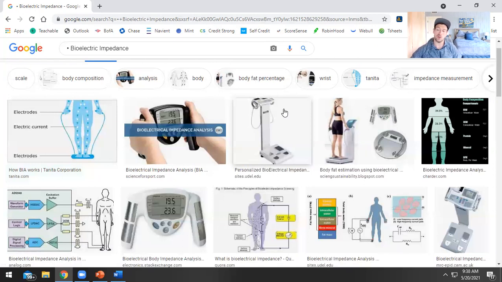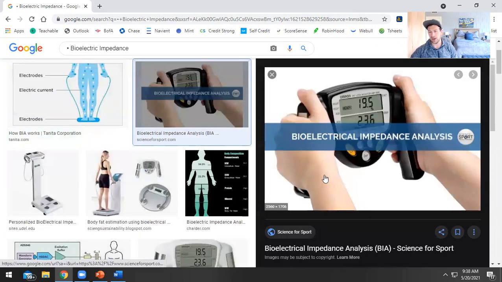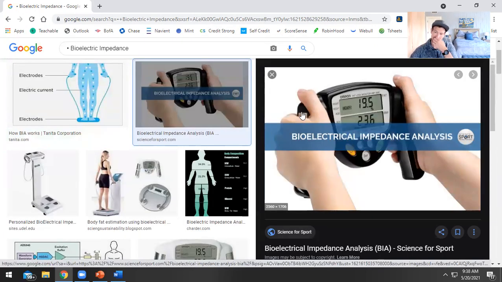So if two people who both weighed the same grabbed this little bioelectric tester, and the electric current travels fast through one person and slow through the next person, that's going to indicate that person A had a low body fat percentage and person B had a high body fat percentage.